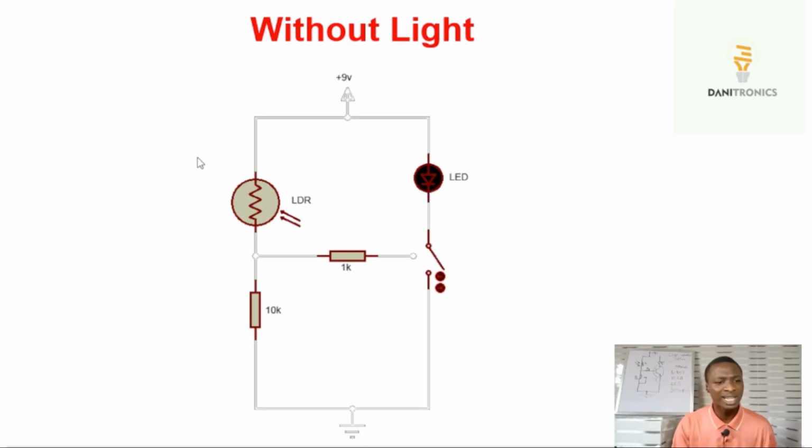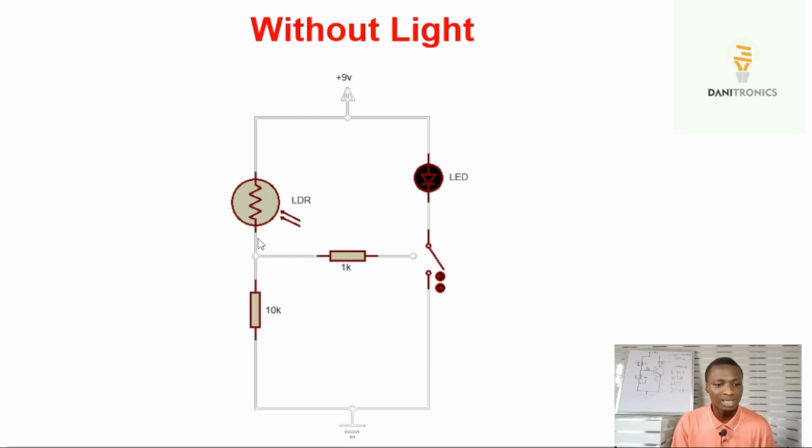So if the intensity of light begins to increase, let's say light begins to fall upon the LDR, I told you before that the resistance value begins to reduce, and as the resistance value reduces to about 100 ohms or 500 ohms or whatever, then a voltage division network is formed between this LDR and this 10 kilo ohms resistor.